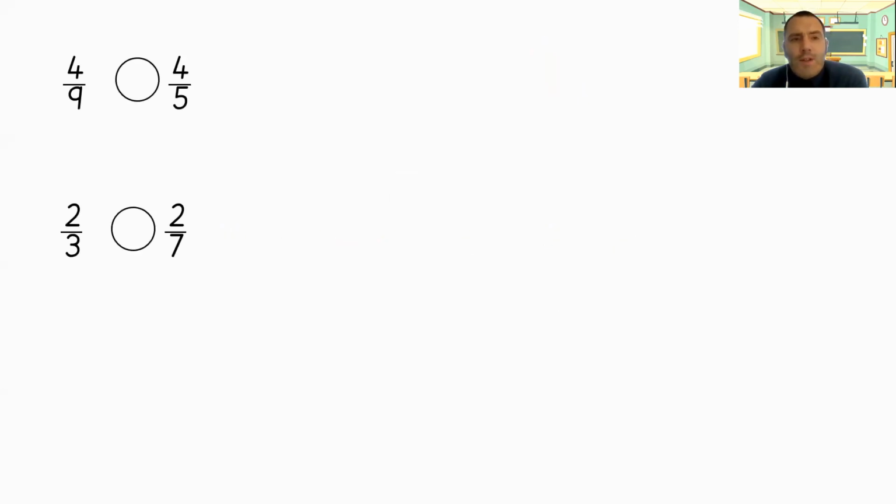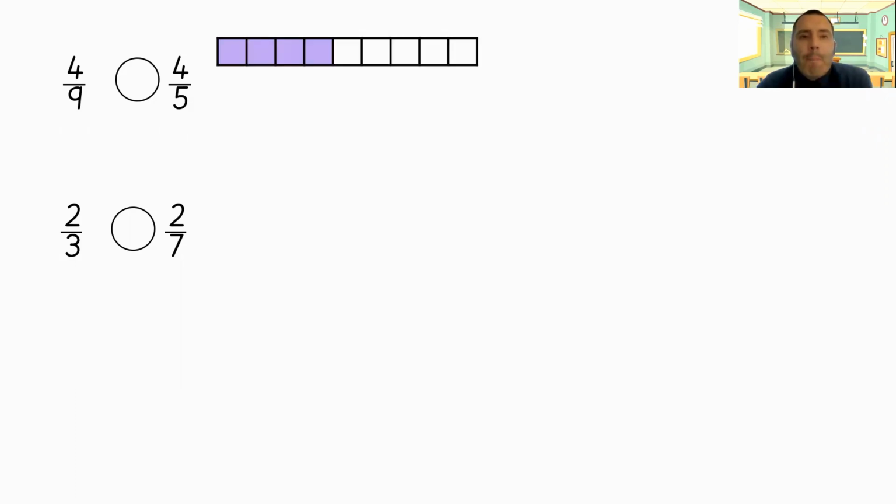So we've got 4/9, 4/5. And we've got 2/3 and 2/7. So here we've got our numerators as the same. So we can draw them out. So I've got 4/9. I've got my bar there split into 9, and I've coloured in 4. I've got my 5ths, same size bar.